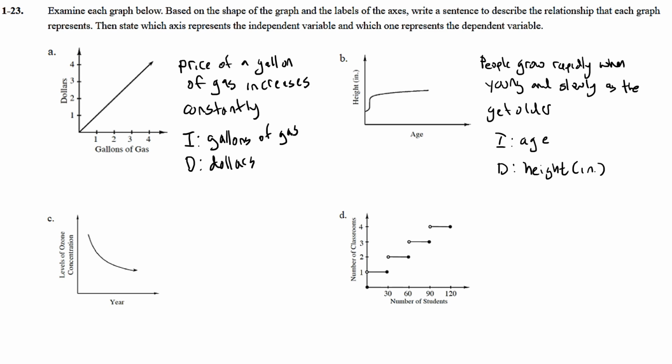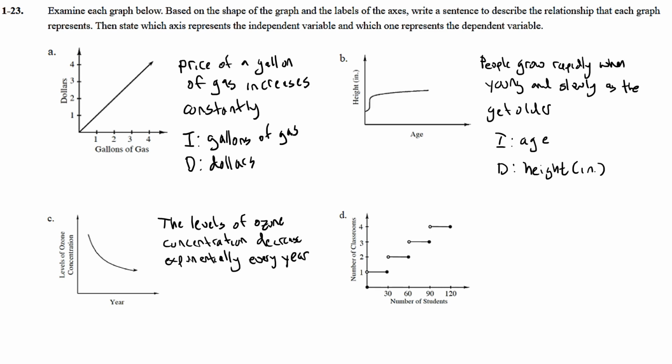Okay, C is year and levels of ozone concentration. So this just looked familiar. In the previous class, we should recognize that as exponential. So we would say the levels of ozone concentration decrease exponentially every year.